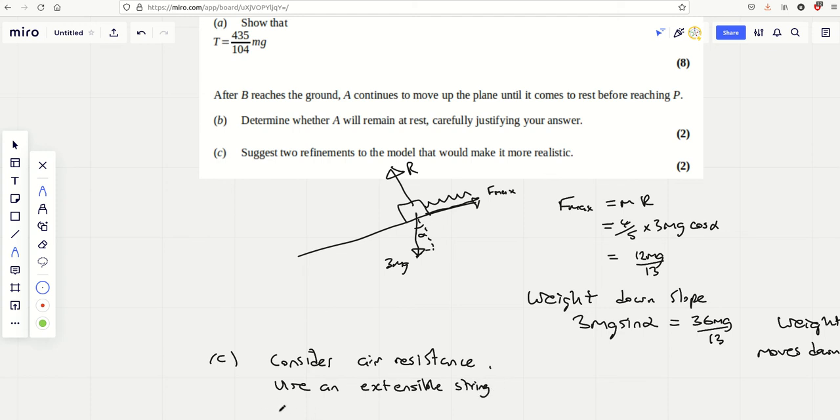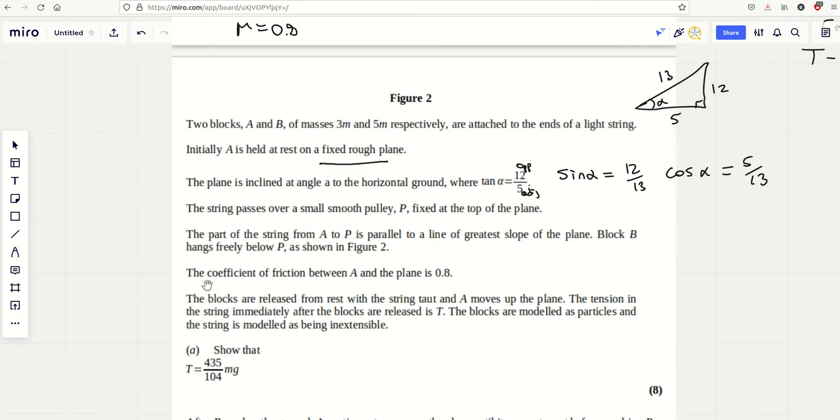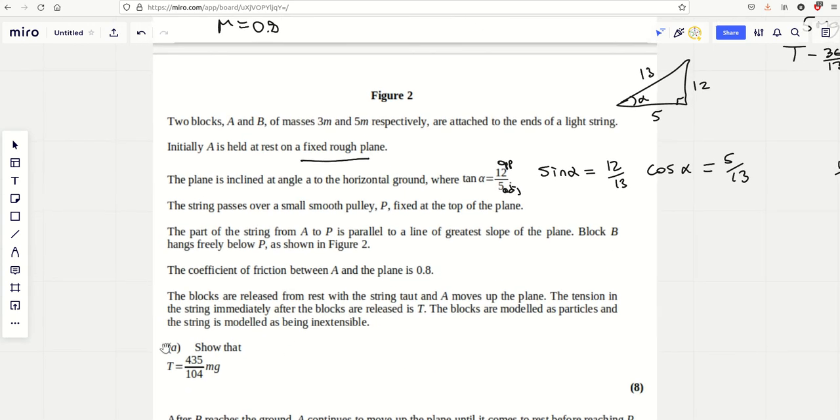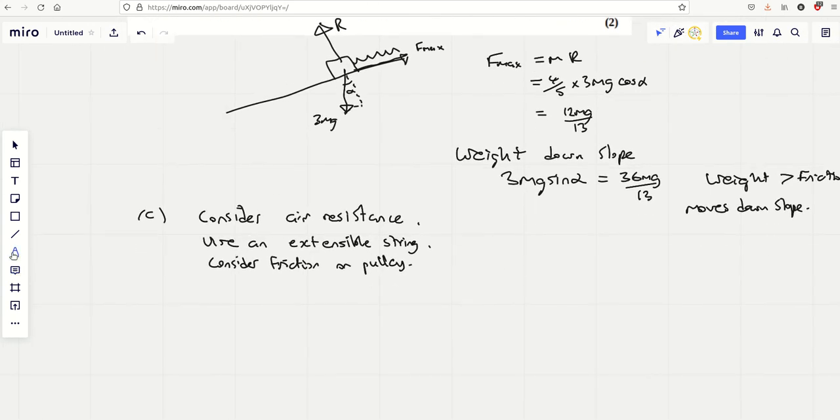You could consider friction on the pulley. And you could consider, did they ignore the weight of the string? Yeah, you could consider the weight of the string. So there's quite a few answers you've got there. I'm giving you 4. But yeah, there's lots of ways of getting that final answer.